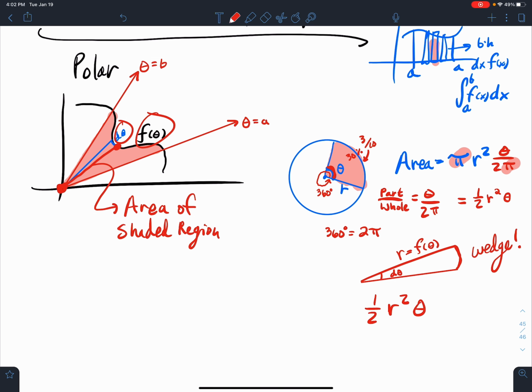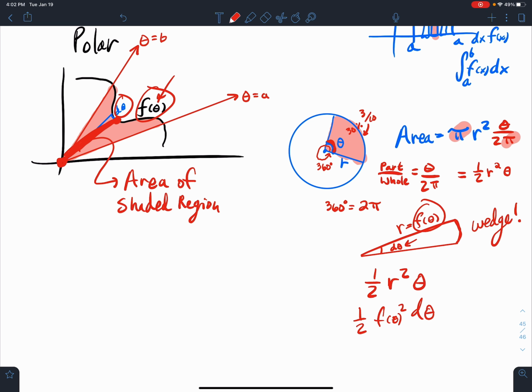But now if I do it infinitesimally small, my theta is d theta, right? My r is the length from the origin, the pole, to the curve, f of theta squared. And then I have the 1/2 factor.